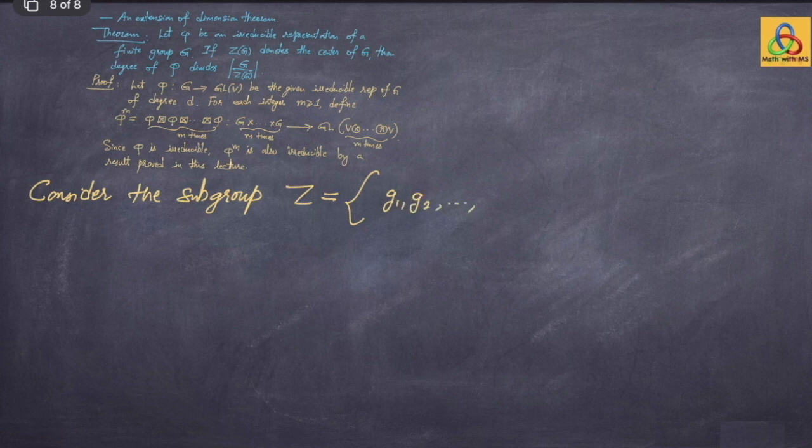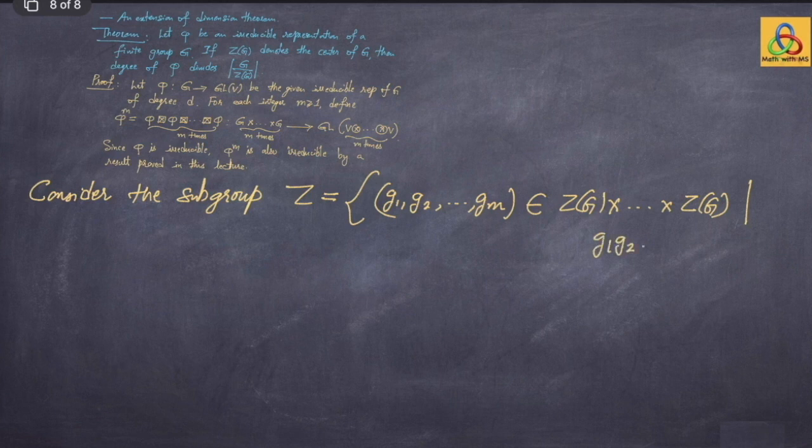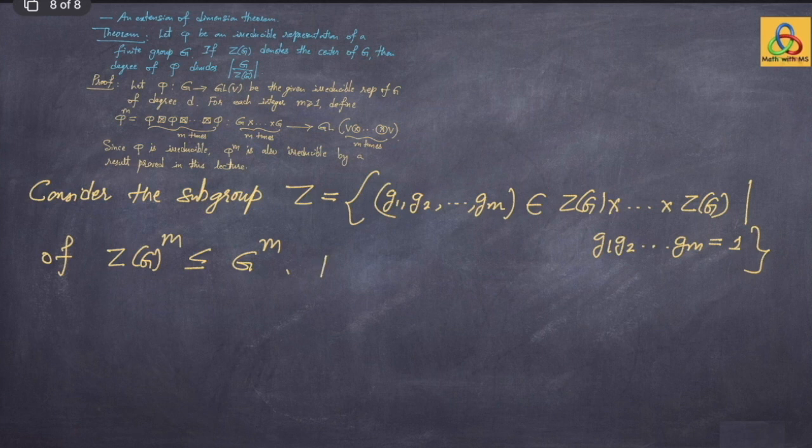Let us denote this subgroup by Z. This consists of m-tuples g1, g2, ..., gm belonging to the center of G, m copies, such that the product of all these elements is 1: g1 into g2 into gm is 1. It can easily be checked that it's a normal subgroup of the m-fold product of G with itself. In fact, it's a normal subgroup of the m-th power of the center.